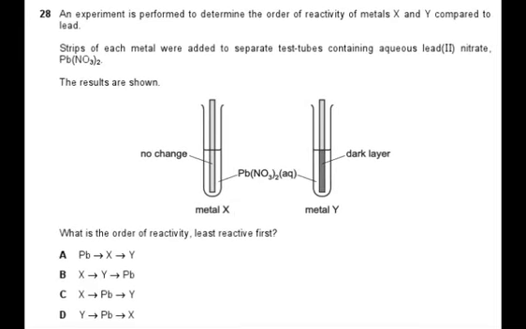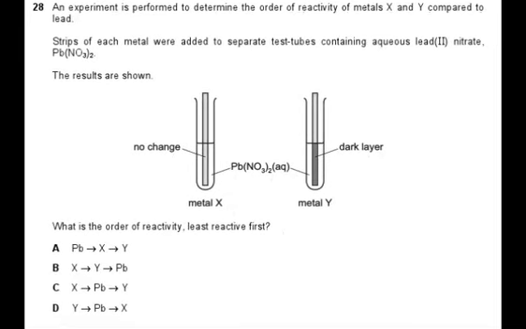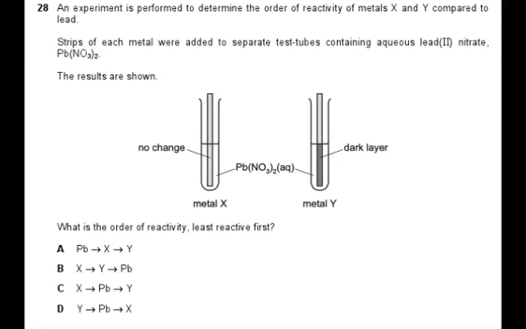28 is... Okay, an experiment is performed to determine the order of reactivity of metals X and Y compared to lead. Strips of each metal were added to separate test tubes containing aqueous lead nitrate. So we have metal X and metal Y, and here we have a dark layer.